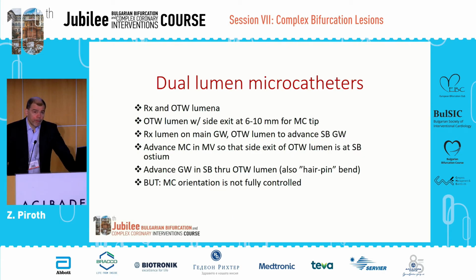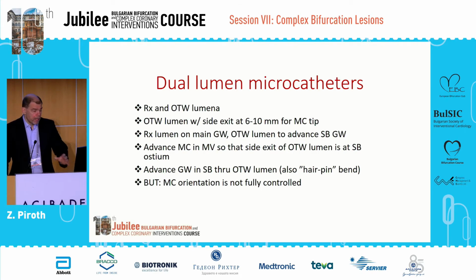Dual lumen microcatheters have been discussed quite considerably because we have CTO experts here. They have a rapid exchange and over-the-wire lumen. The over-the-wire lumen has a side exit at 6 to 10 millimeters from the microcatheter tip. We use the rapid exchange lumen for the main vessel and the over-the-wire lumen to advance the guide wire into the side branch.